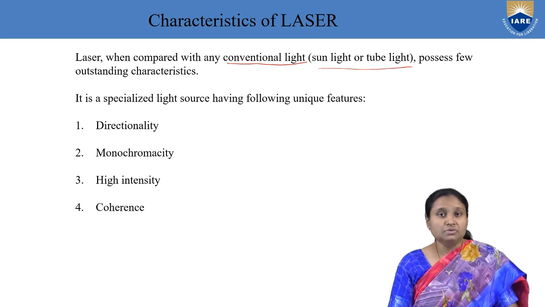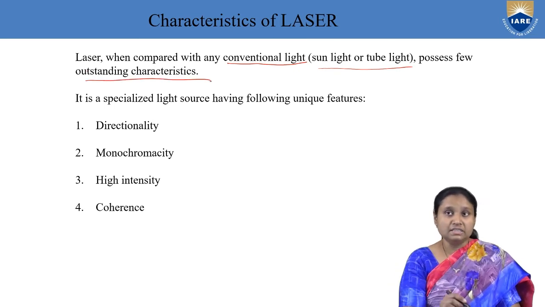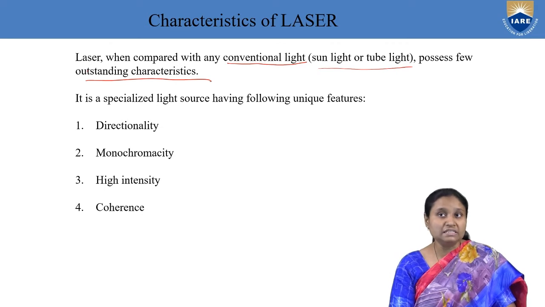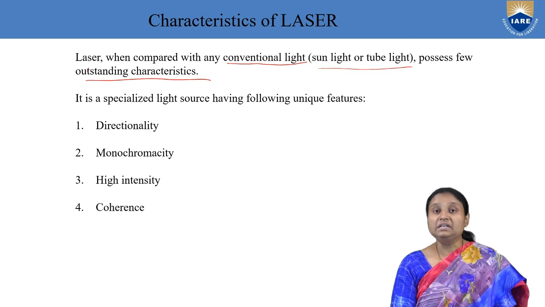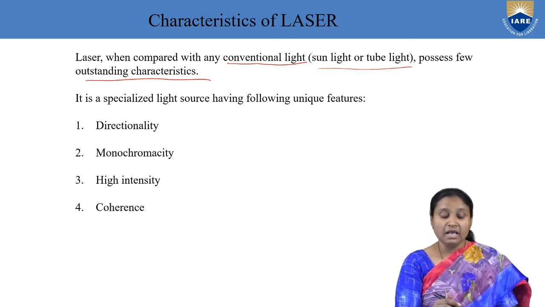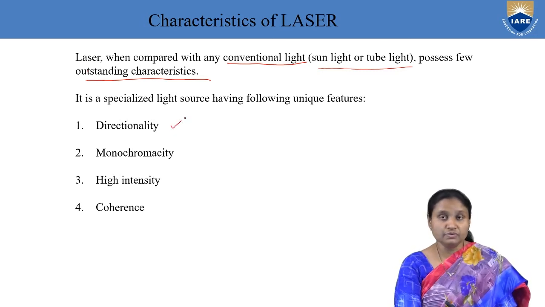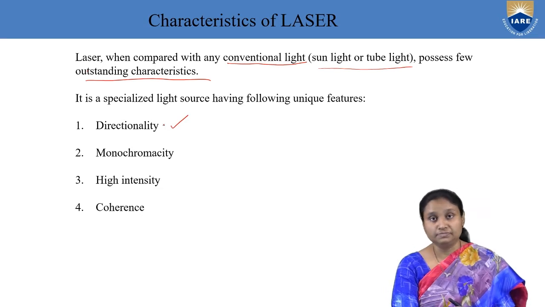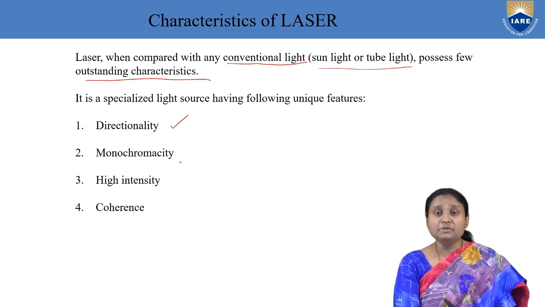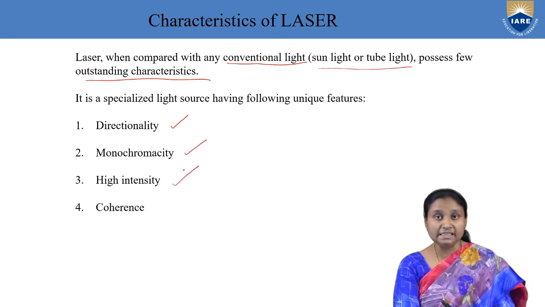When we consider those outstanding characteristics, there are 4 specialized or unique features of laser light that make it completely different from a normal light source. First one is directionality. The second characteristic is monochromaticity, and the third one is being highly intense.